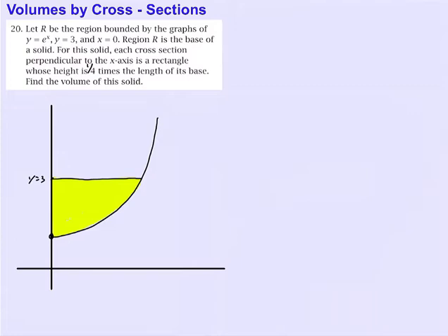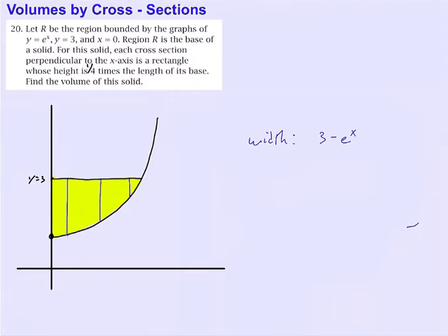So when the width here is that distance, so that's my first, call that the width of the rectangle. My first measurement there is the distance between the line y equals 3 and the line y equals e to the x. And that, obviously that'll be different here and here.